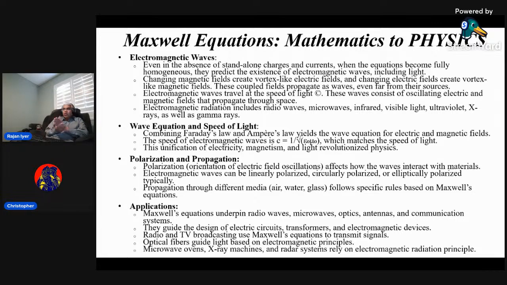So the wave equation was really powerful to understand not only electromagnetics but also light, which he proved is nothing but electromagnetic waves. So he combined Faraday's law and Ampere's law, and he could come up with the wave equation for electromagnetic fields, and eventually calculate the speed of light.